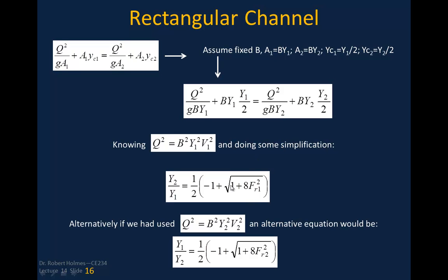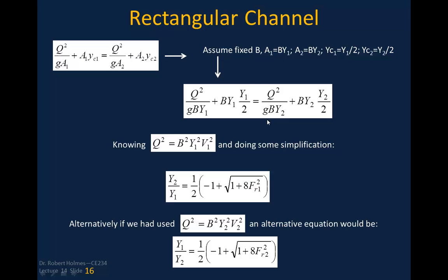Now, I can turn this equation around, or I can get another form of this equation from the specific force. Instead of substituting Q squared equals B squared Y1 squared V1 squared, I substitute in Q squared equals B squared times the depth downstream, Y2 squared, times V2 squared.